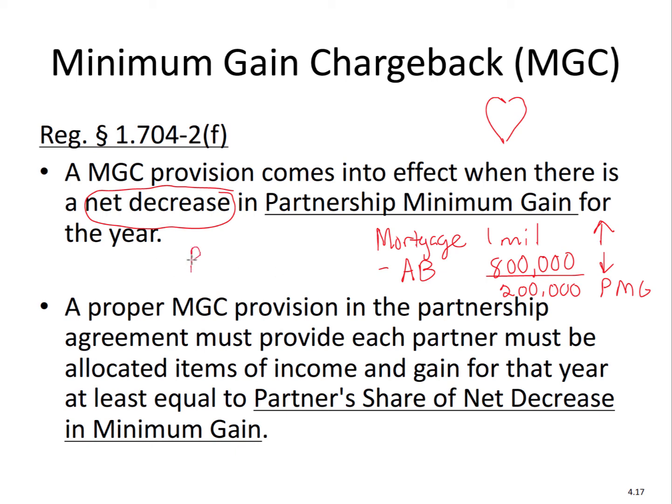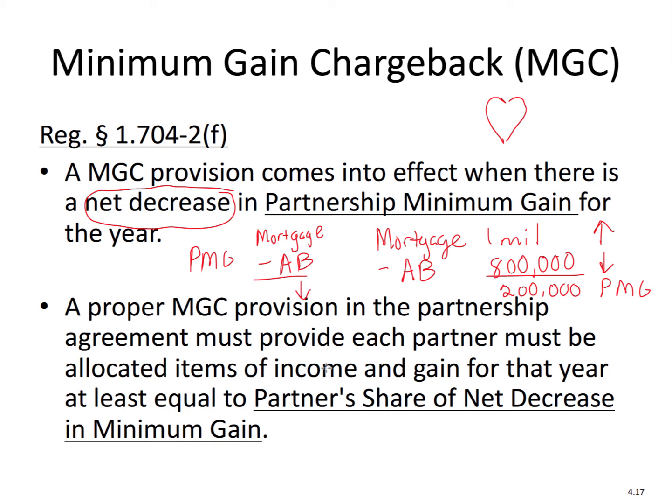So partnership minimum gain for any specific time will be the mortgage minus the adjusted basis. If that number goes down, you have to recognize gain for the portion it decreases by.